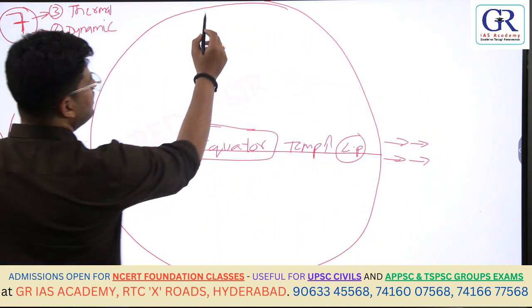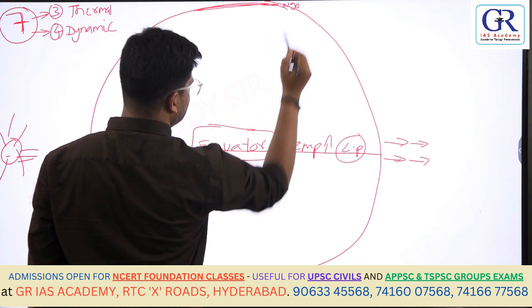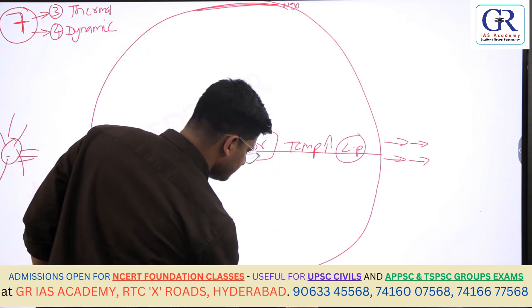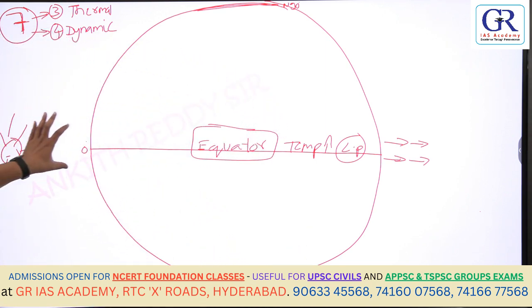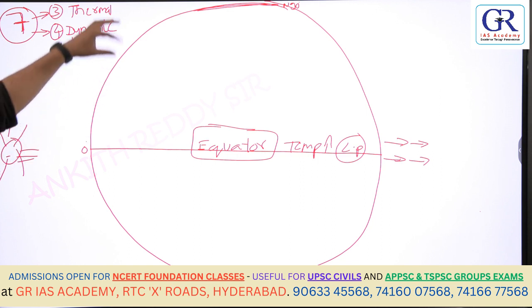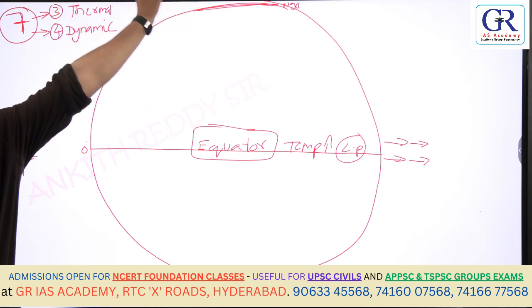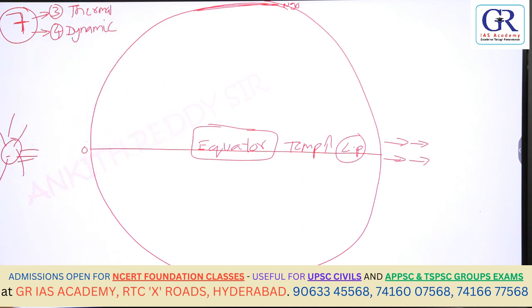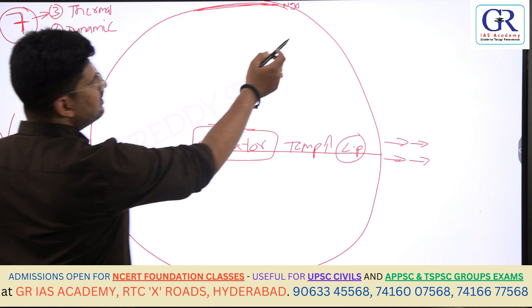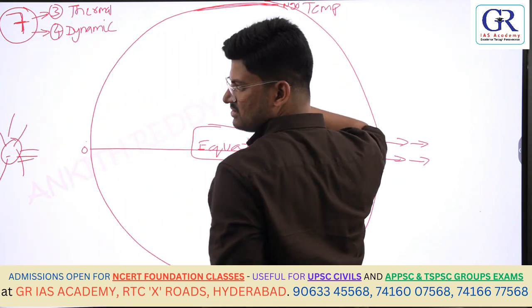Next, the polar region, 90 degree north and 90 degree south. In this region, since the direct rays of the sun fall on the equator, as you move from the equator to the poles the angle of inclination of the rays decreases. They receive sun rays but not much insolation. Maximum insolation is received by the equator.